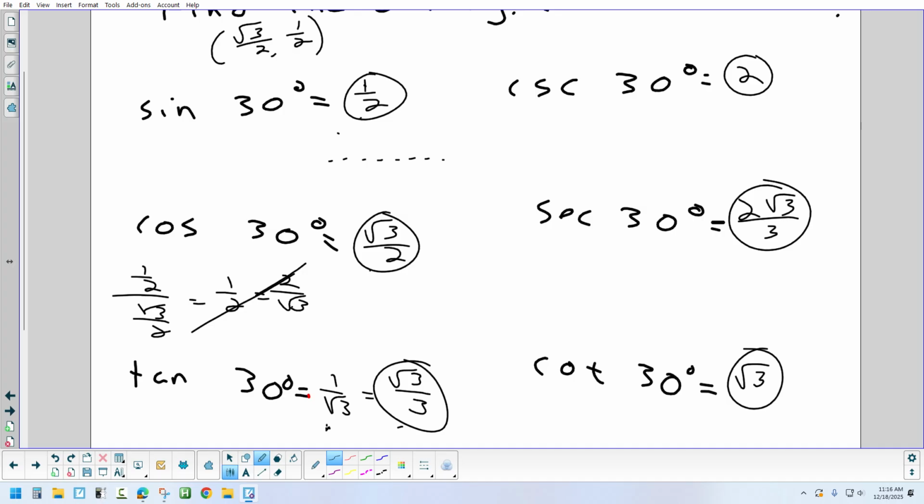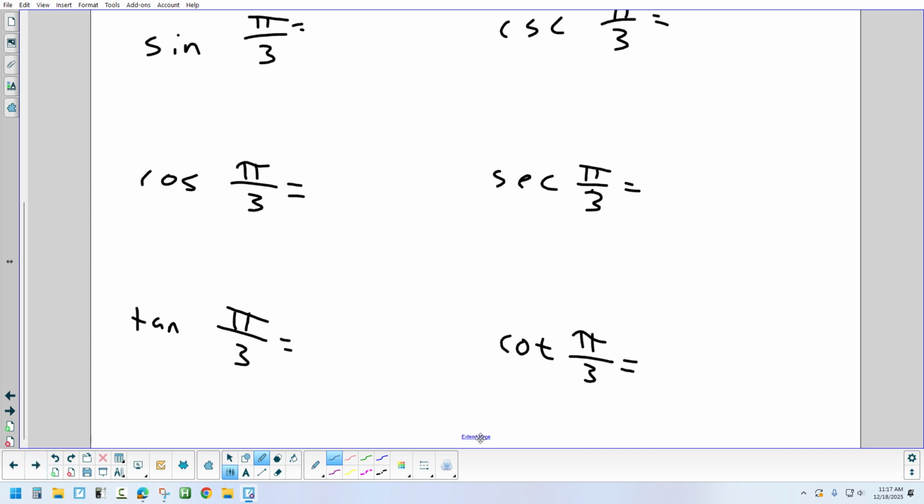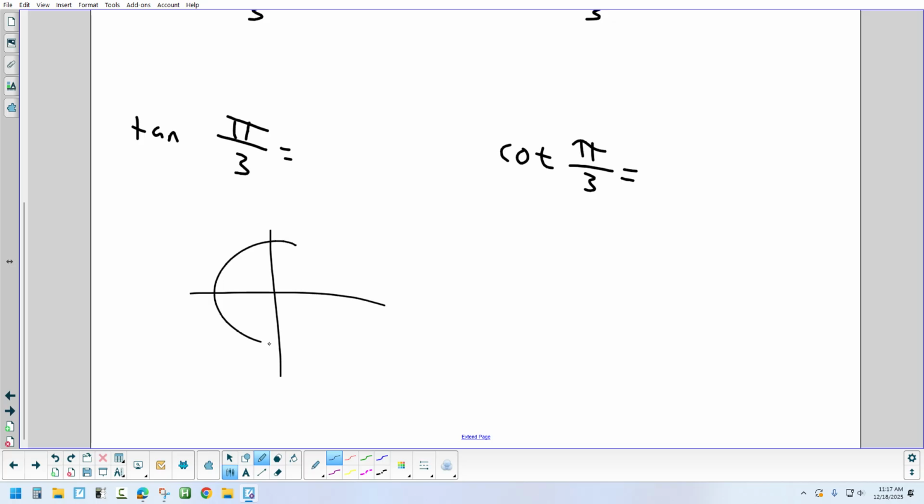Okay, so that's the 30. Now let's look at the 6 trig functions of pi over 3. What's pi over 3? 60 degrees. Okay, so now when we think of our sketch, we know it's a multiple of 30, right? 60 is a multiple of 30, but 60 degrees is higher on the circle.